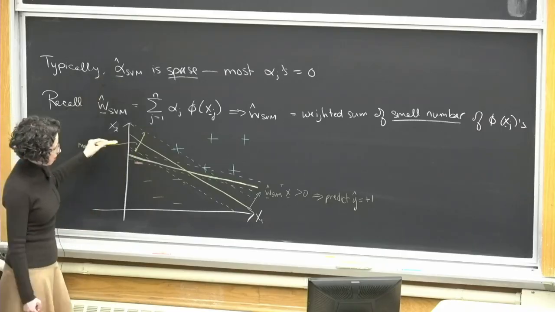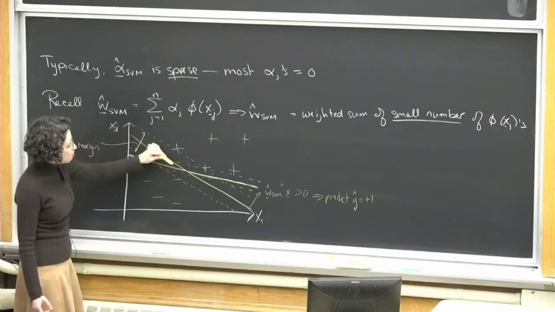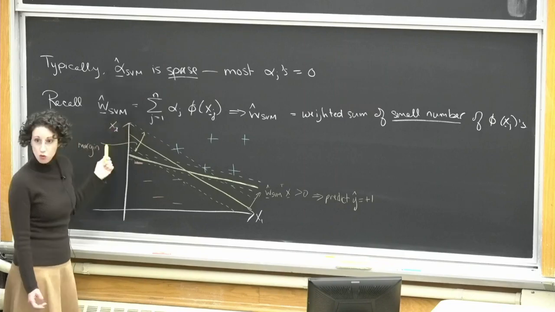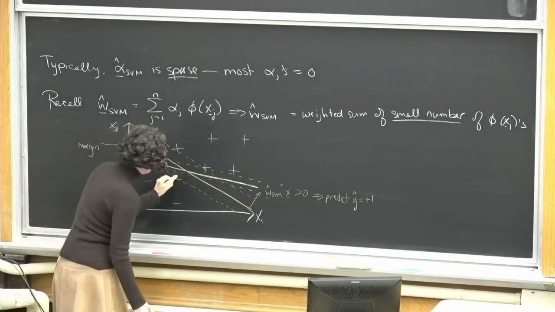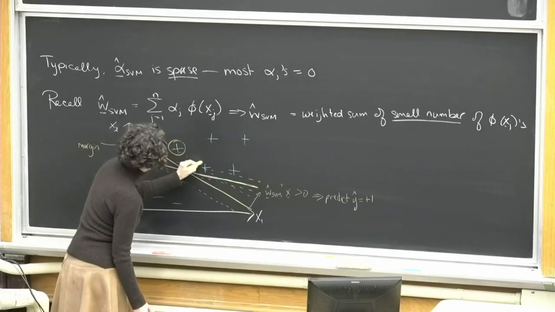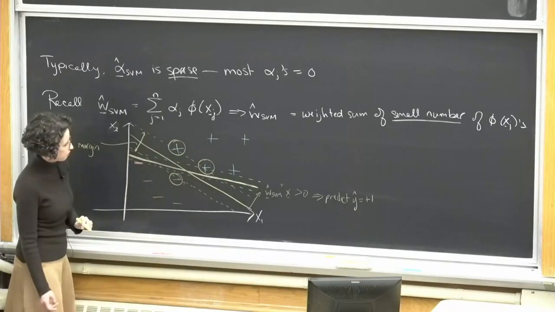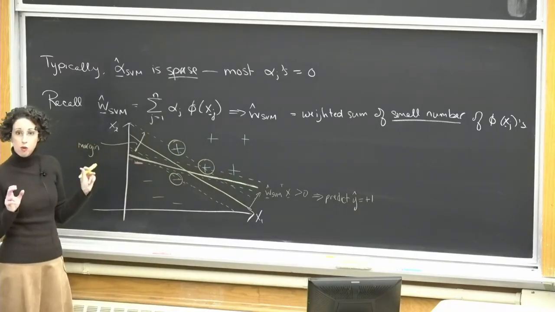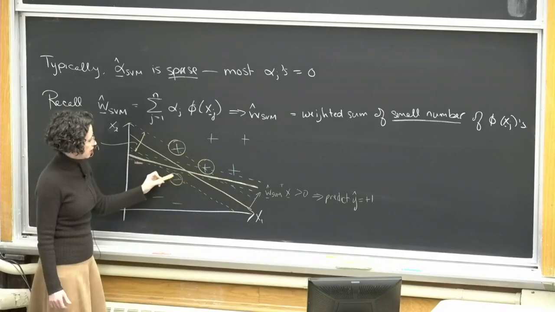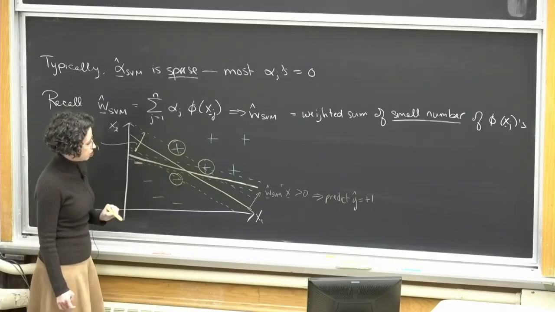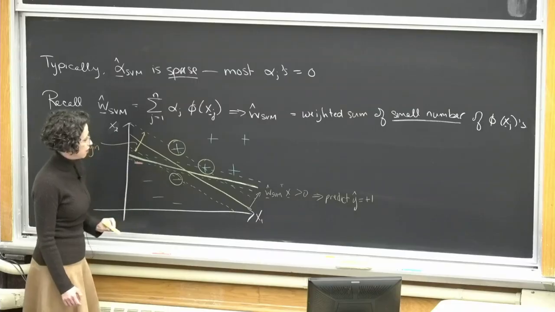So in this example, with the yellow SVM classifier, which are the samples that have non-zero weight? Those are the samples that are right there on the margin, these three here. These are the support vectors. These are the feature vectors that tell me where that margin is located, or where that decision boundary is.